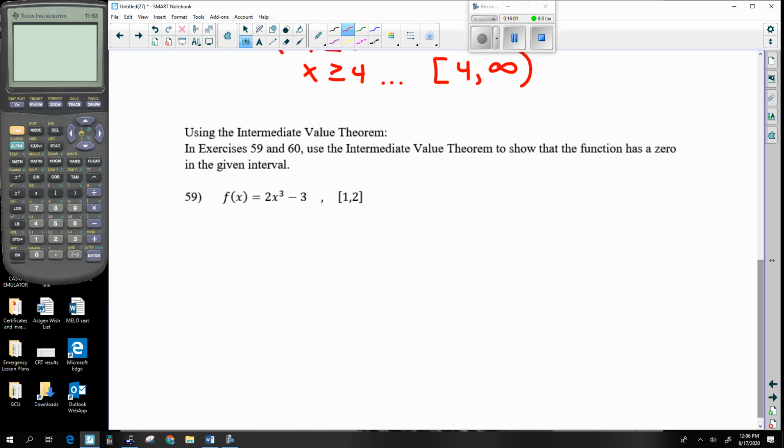Use the intermediate value theorem again. The idea of the intermediate value theorem is, if it is continuous, then, sorry, let me make this a little bit more extreme.